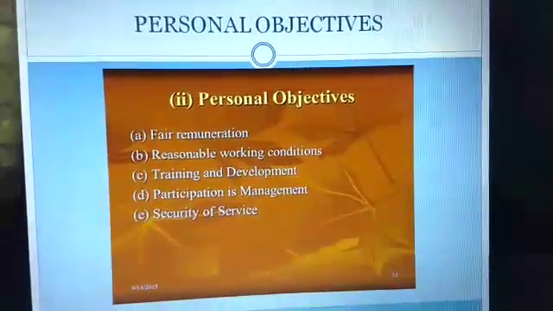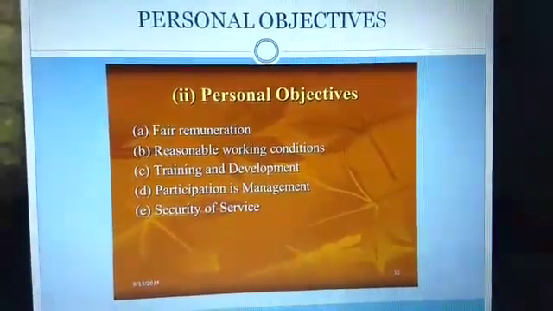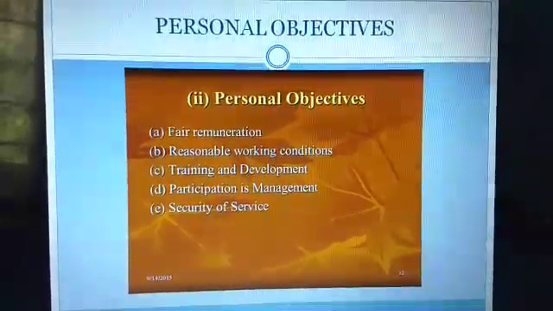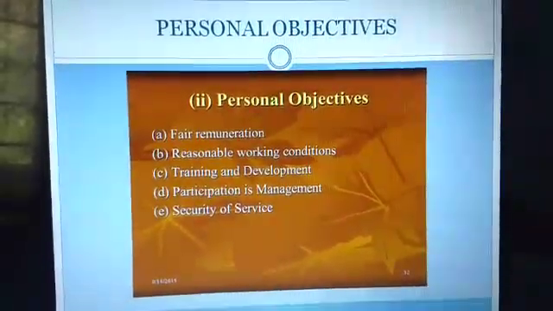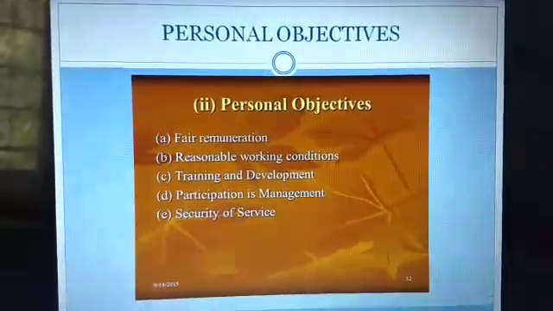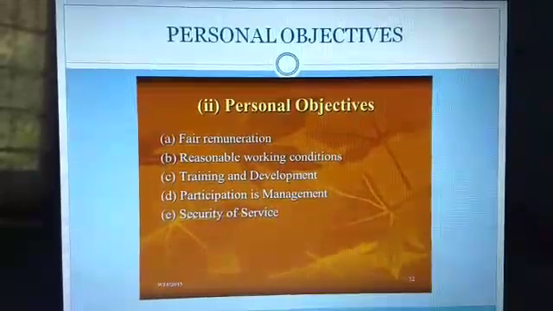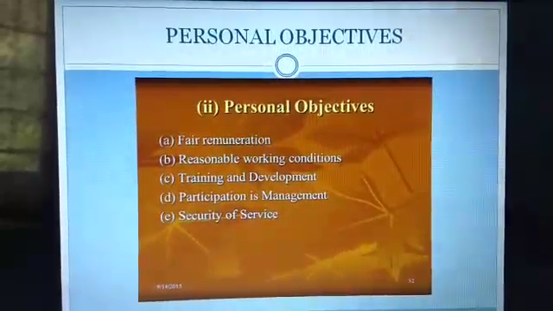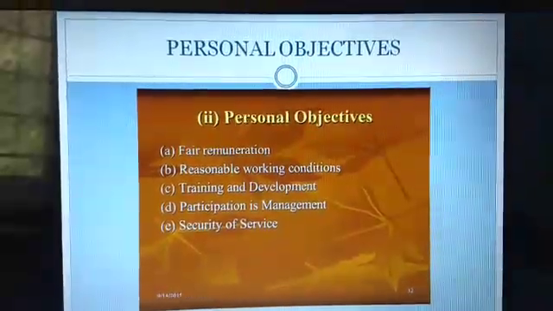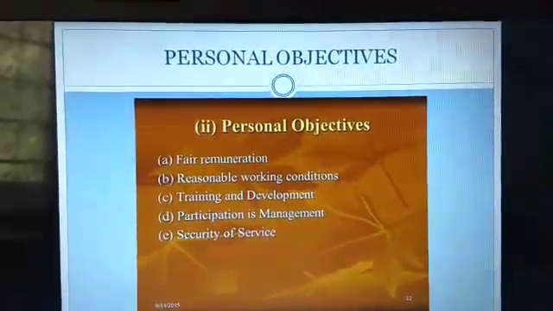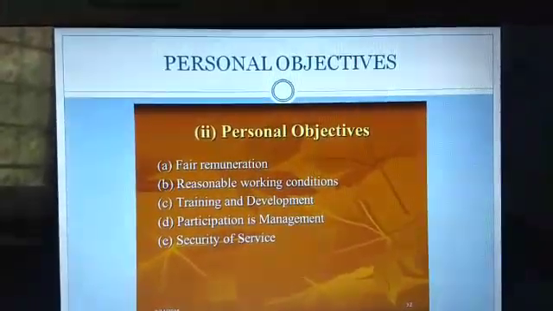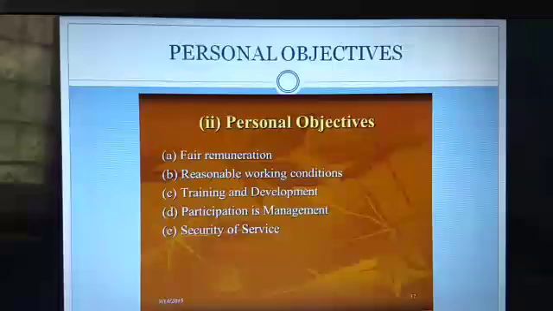A few may think of buying a new car, etc. So these personal objectives need to be taken care of. As I said, human resource is the most important asset for every organization. So these objectives must be fulfilled so that you, as the manager or as the owner of an organization, can keep the human resource for a long run.